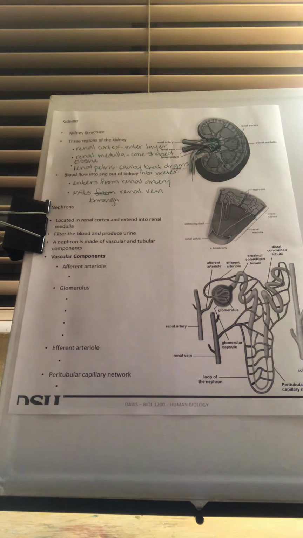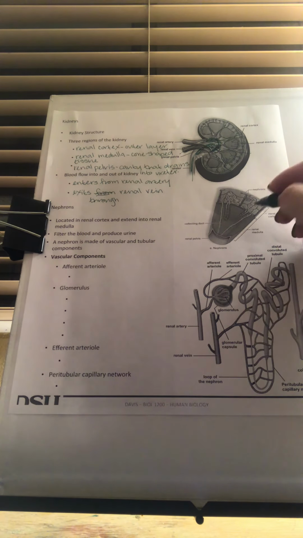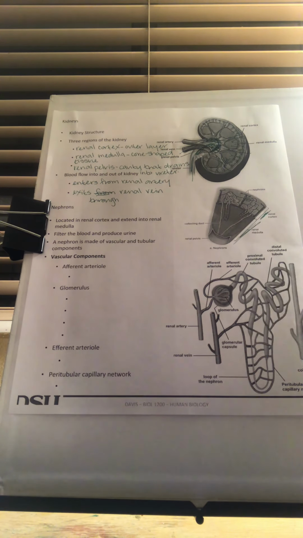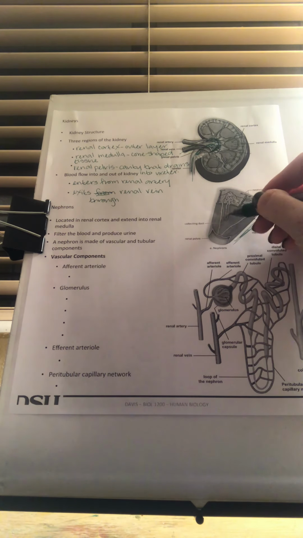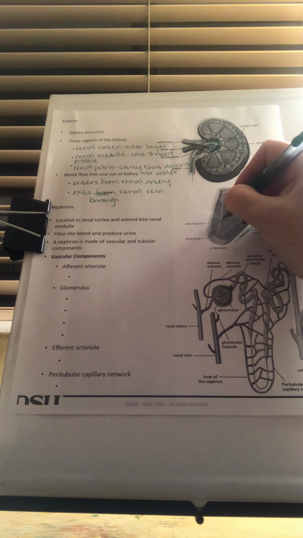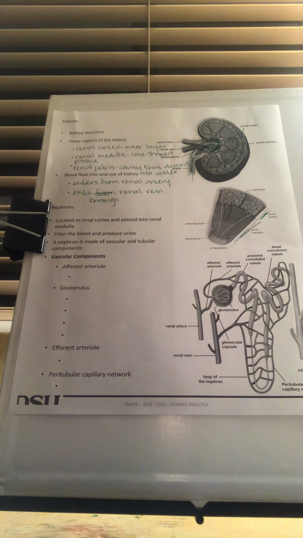This is a close-up: out here you have the cortex where the nephrons start, and in here is the renal medulla where the nephrons continue. Specifically, you have what's called the loop of Henle that's going to drop down into the renal medulla. The nephrons are the actual location where blood is filtered and where urine is produced.